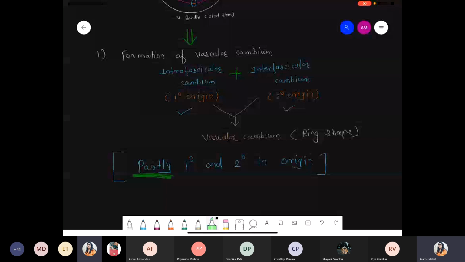Remember, partly means it is not entirely primary in origin and not entirely secondary in origin. It is partly primary and partly secondary, because intra and inter join with each other, and after the joining they form a new cambium called the vascular cambium. Partly means 50-50%, half this, half that. Clear?